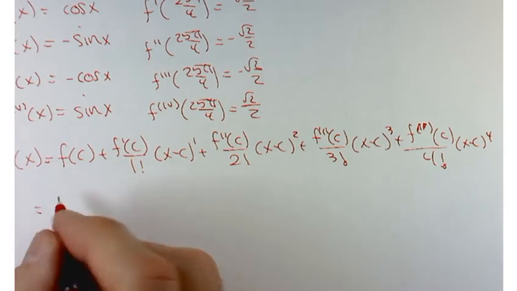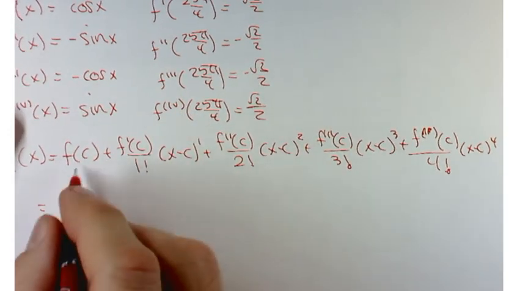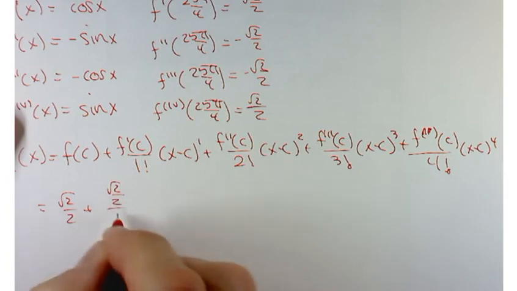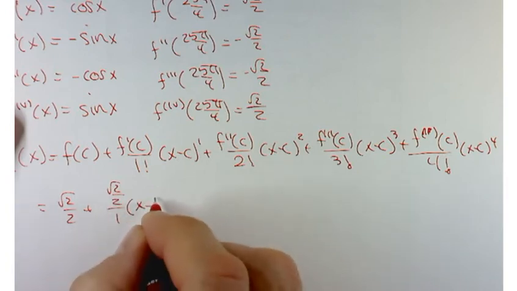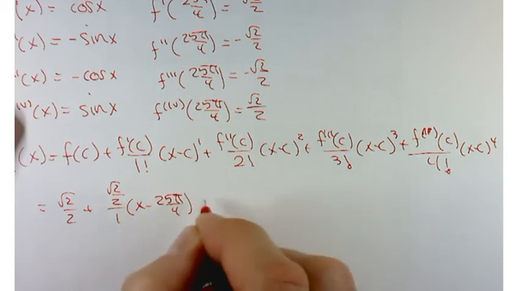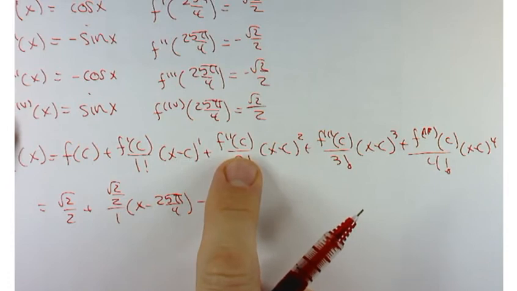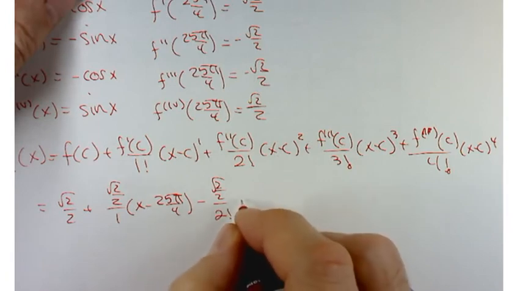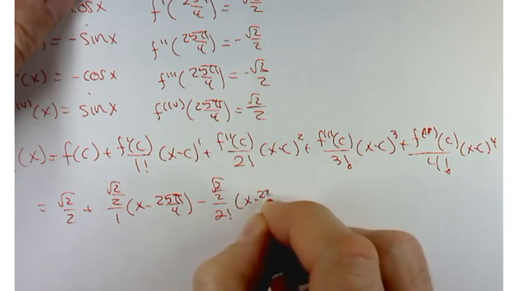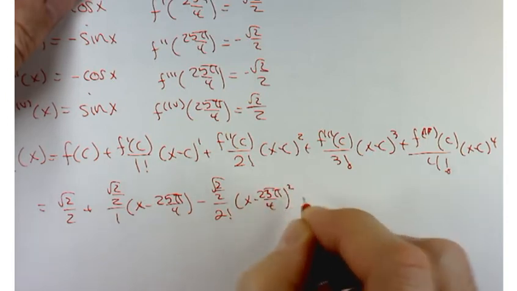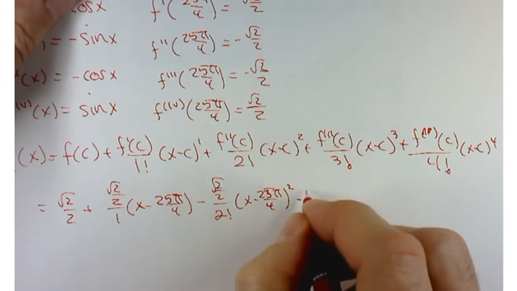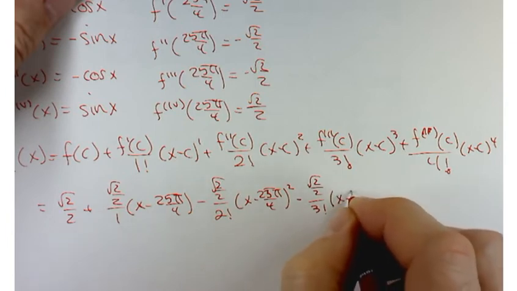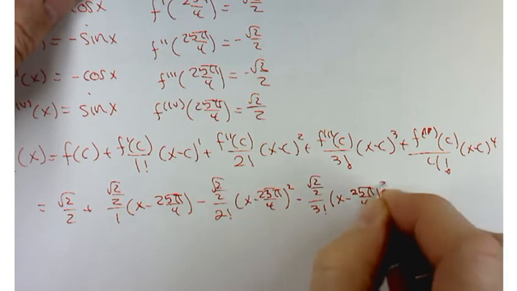That's okay. f of 25 pi over 4 was square root of 2 over 2 plus square root of 2 over 2 divided by 1 times x minus 25 pi over 4. f double prime is negative, so negative root 2 over 2 over 2 factorial times x minus 25 pi over 4 squared minus root 2 over 2 over 3 factorial times x minus 25 pi over 4 cubed.